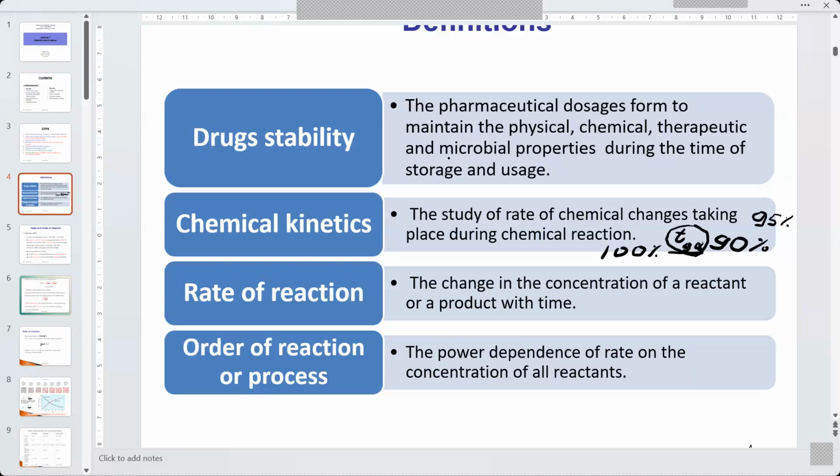Rate is usually amount per time. For example, the rate of degradation is 5 grams per hour, or per day, or per year. So this is a rate of reaction, a degradation reaction of a drug, okay.